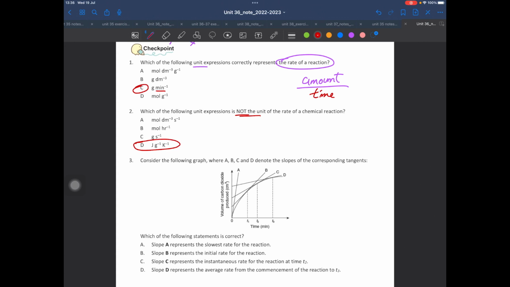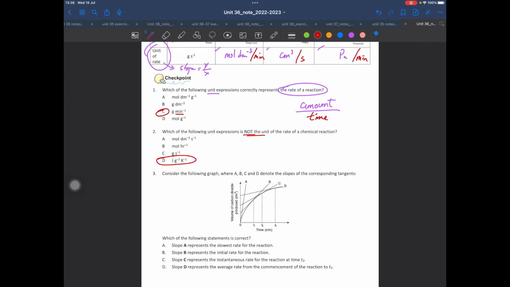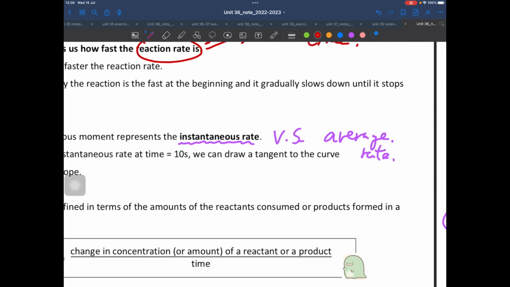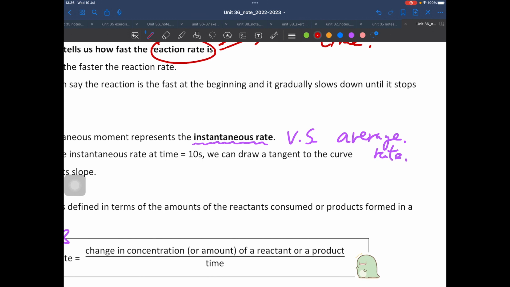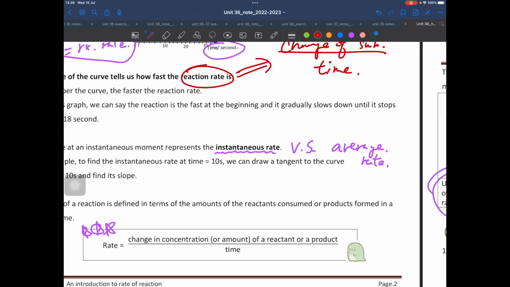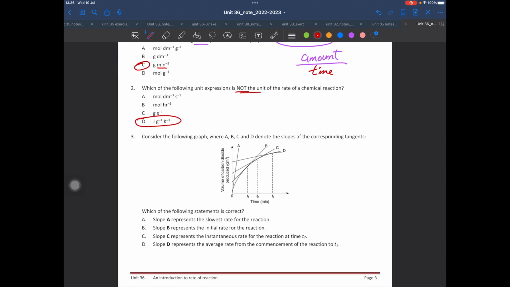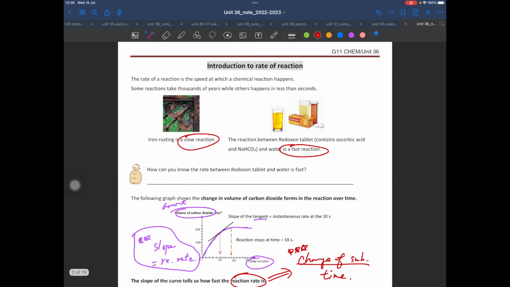All right. Before we move to checkpoint 3, we need to go back to our concept of instantaneous rate versus average rate. Let me get a new page first.